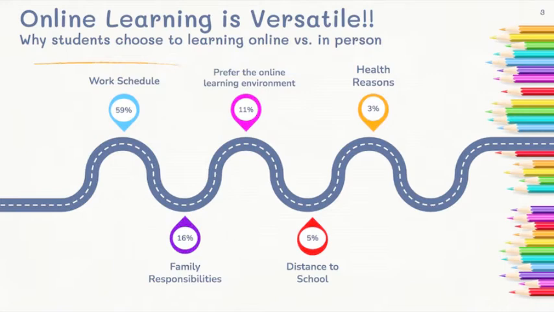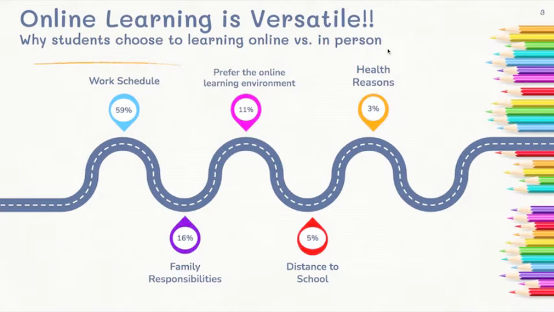And some of these reasons, as you can see on this little winding road here: 59% say it's because of their work schedule, and I can attest to that as a graduate student as well, since I'm on both ends of this as an educator and a student currently. I specifically chose an online learning platform because of the opportunity to be able to work and take classes at the same time.